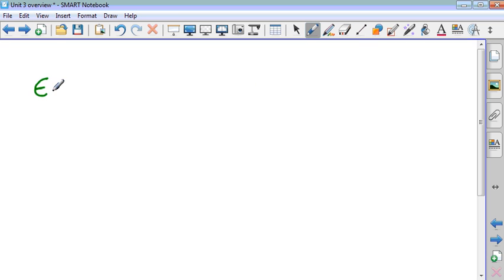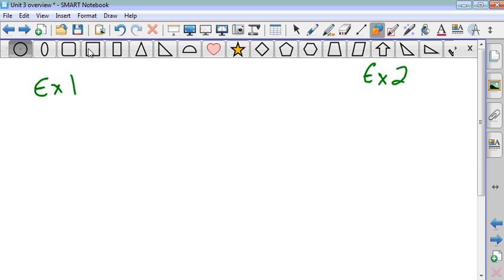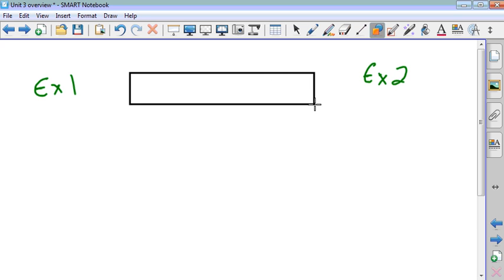Please write down example 1. And then on the other right-hand side, in between the part where it says add or subtract fractions, write down example 2.